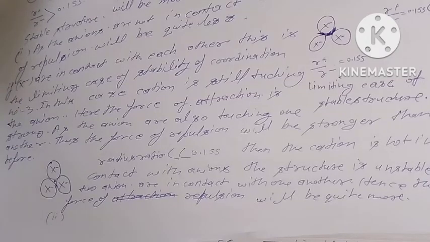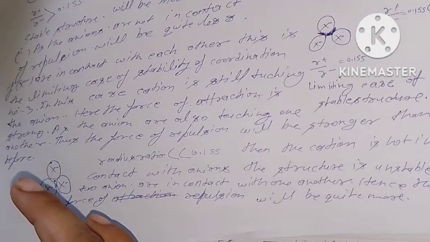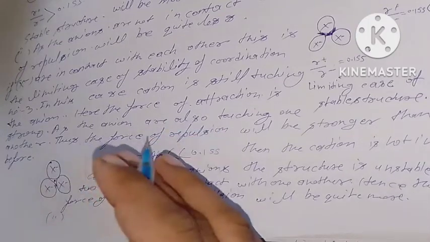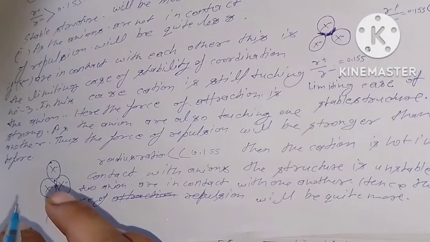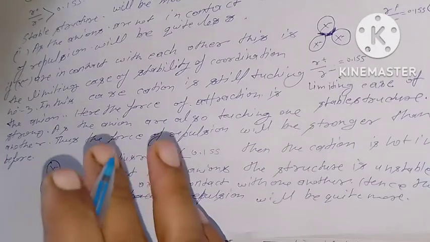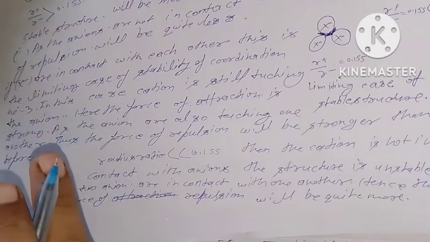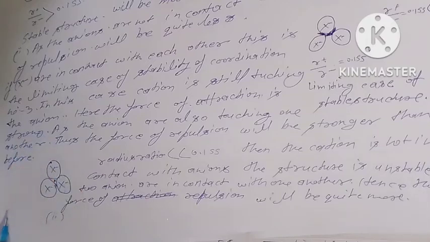At some point, at 0.225, it becomes possible to fit 4 ions around one, and so on: 6 ions around one, 8 ions around one, and finally 12 ions around one, due to which coordination numbers 4, 6, 8 and 12 occur. Thus, as the cation becomes larger with respect to the anion, the coordination number of the cation increases.